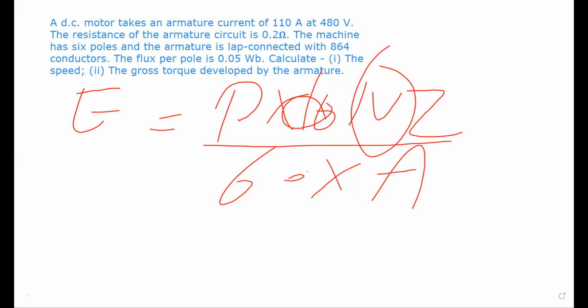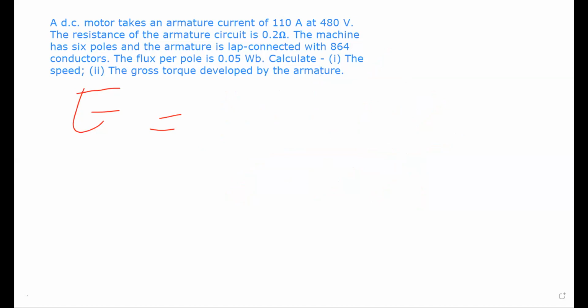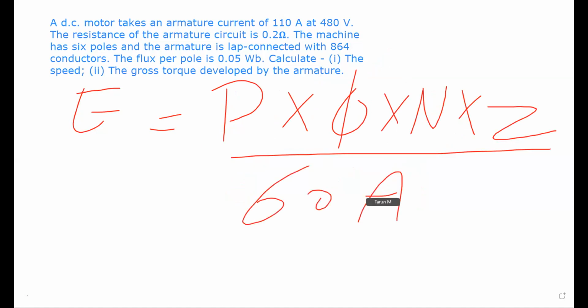Sir, could you repeat this formula? E equals P into what you have written there? I'll write again. E equals P into phi. What is phi? Flux, magnetic flux, into N into Z divided by 60A. So you know the P, you know the phi, you know the Z, you know the A. Can you calculate N? You know the E also.